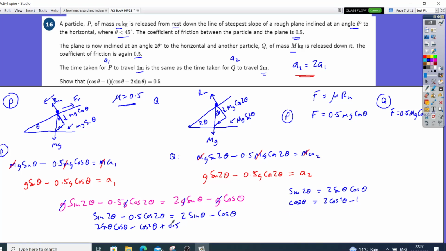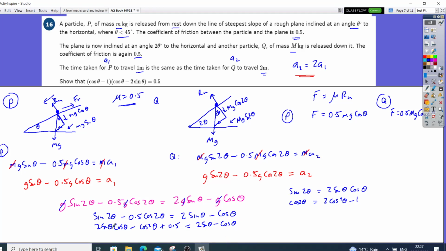So literally I replace cos 2 theta with that, and times that by half, and times that by minus half, to give me that, equals 2 sine theta minus cos theta.